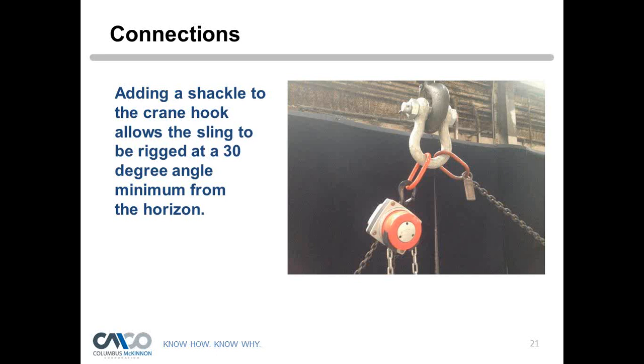It saves our hook, and it's a stronger and more positive connection. Looking at it, I'll flip back to the two pictures, it looks a lot neater. And that's the one thing about rigging. It needs to look neat and clean, and if you're hemming and hawing or it looks sloppy, it's probably wrong and you don't have the right hardware.